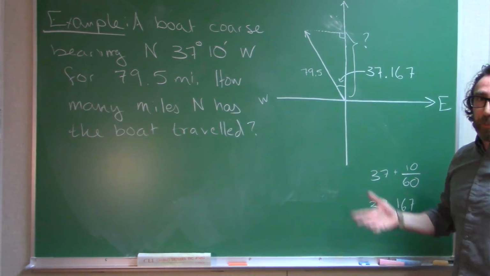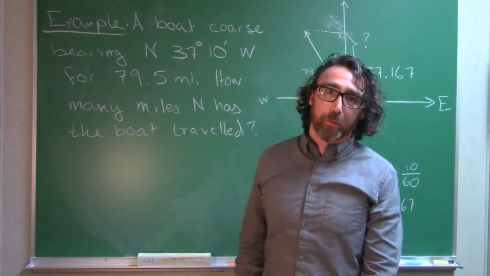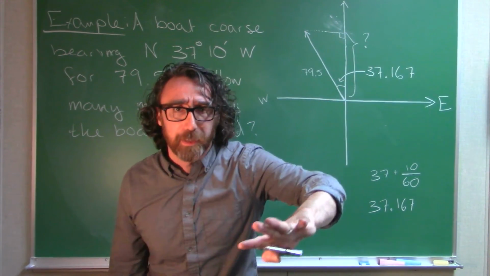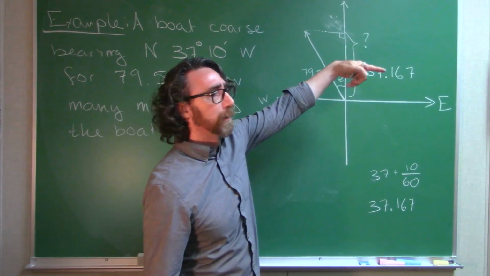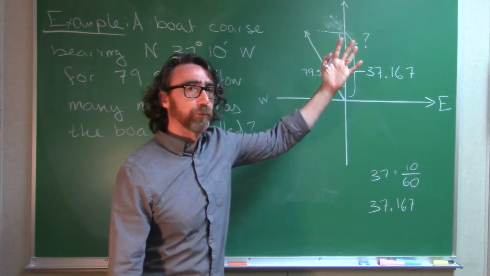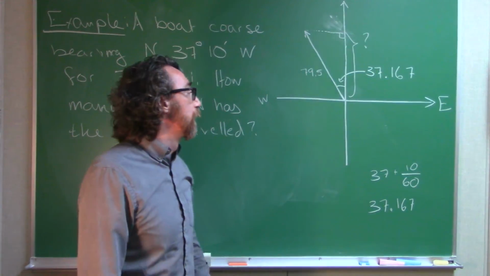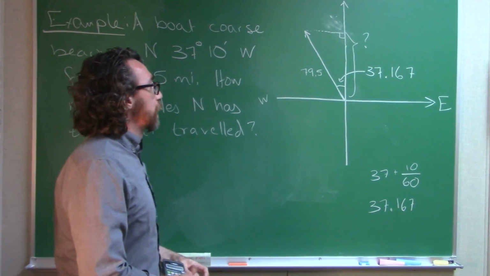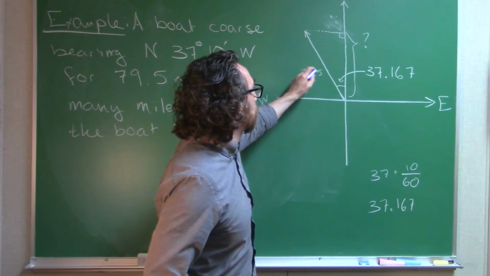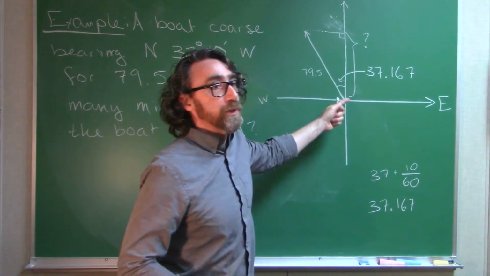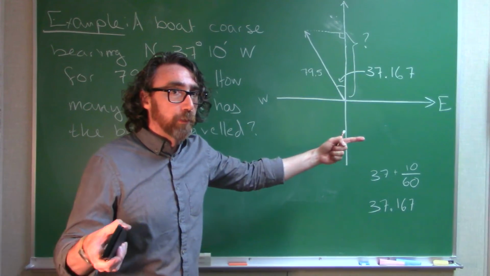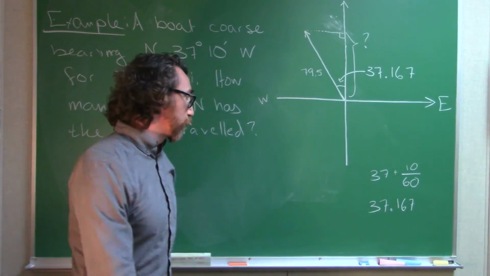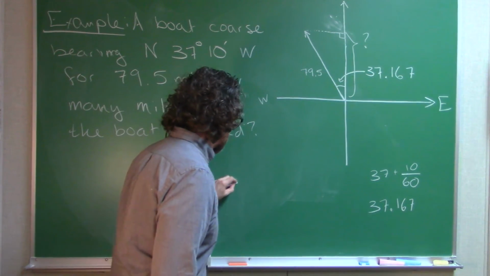So we're thinking about the trigonometry that we know. We've got a little right triangle here, and notice this is a very unusual case going to the y-axis. You have to do this with bearings because our angles are always given from the north-south line. So let's look at what we know. We know the angle, we know the hypotenuse, we want this side, which is adjacent to the angle that we know. So we got adjacent and hypotenuse involved in the mix, so we should use cosine.